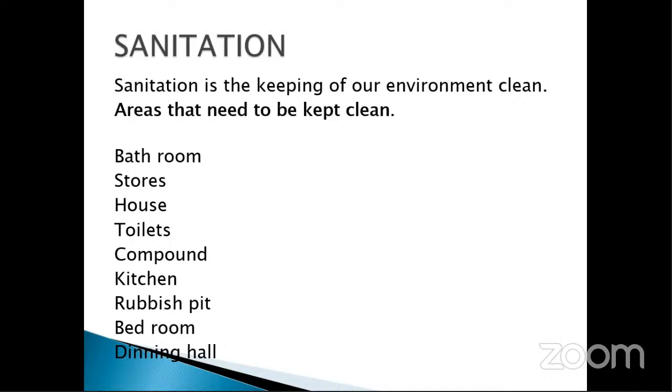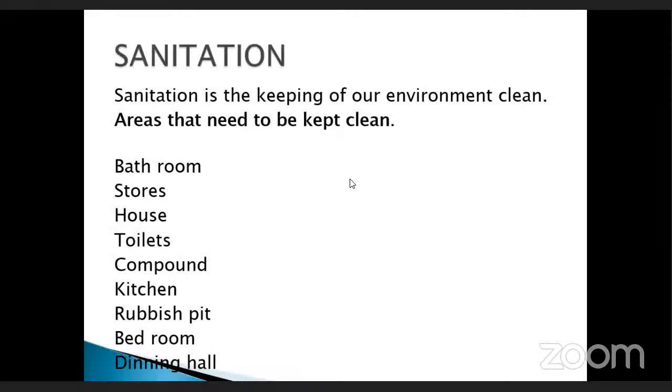So we are looking at those different places that need to be cleaned, that are always kept clean.